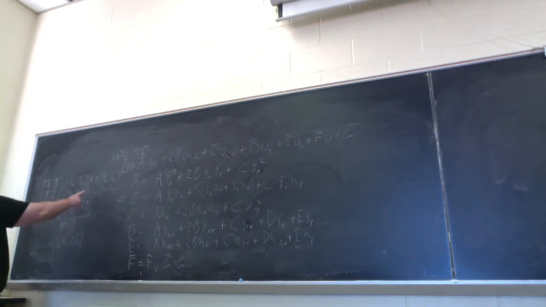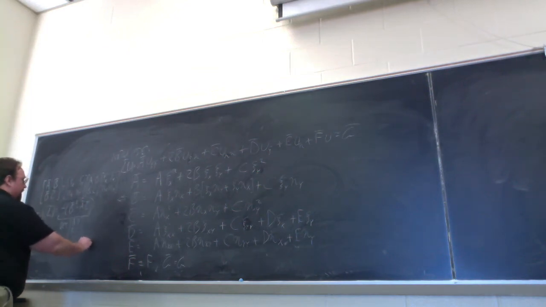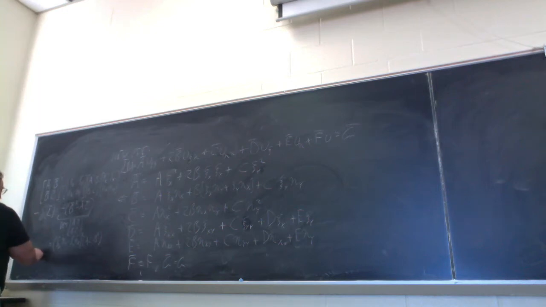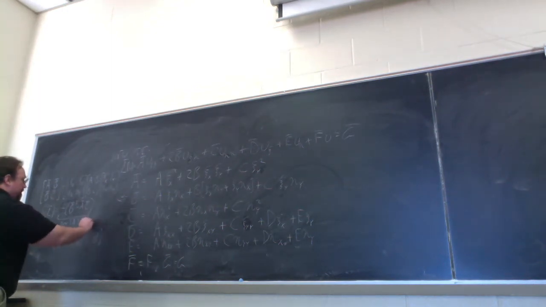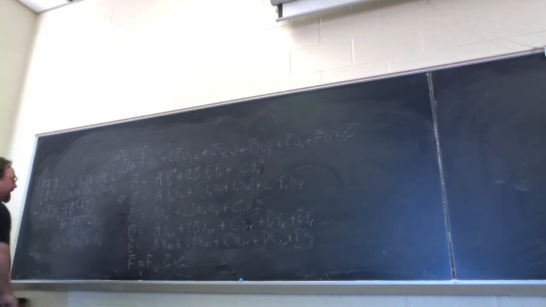And what do we have here? Well, that's AC minus B squared. But this is equal to minus the discriminant of L.